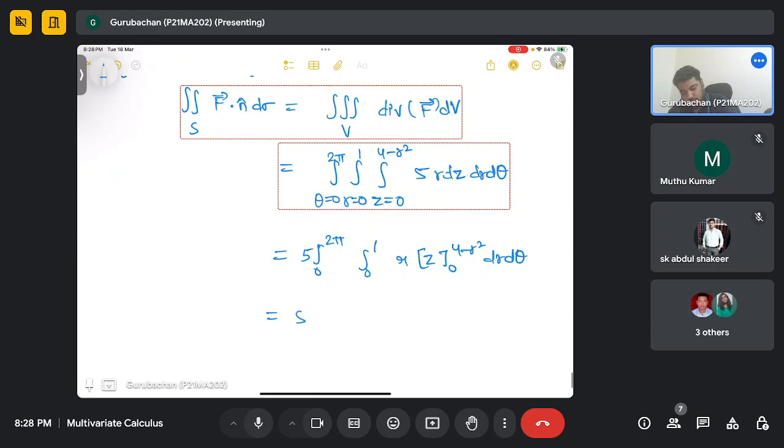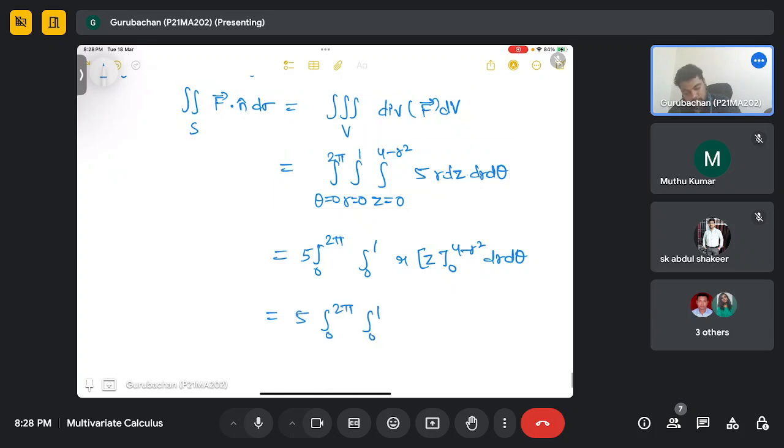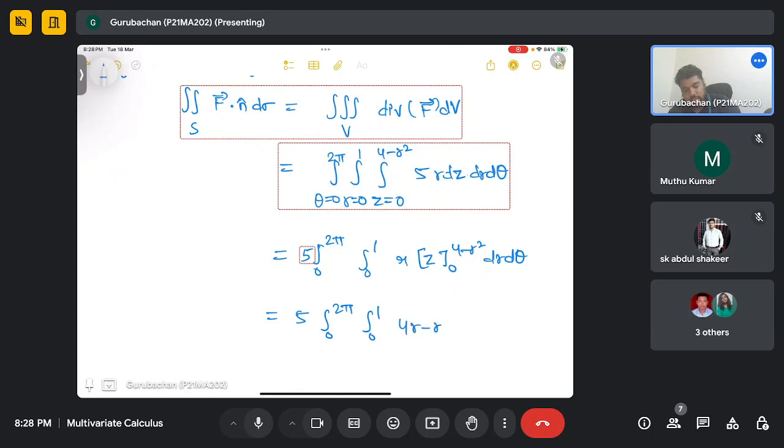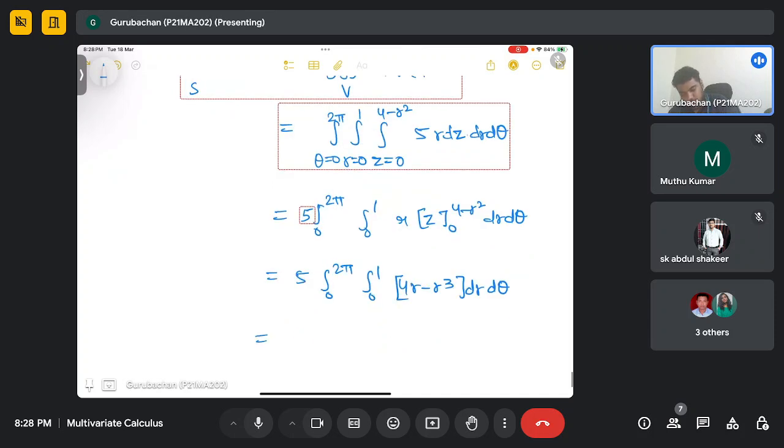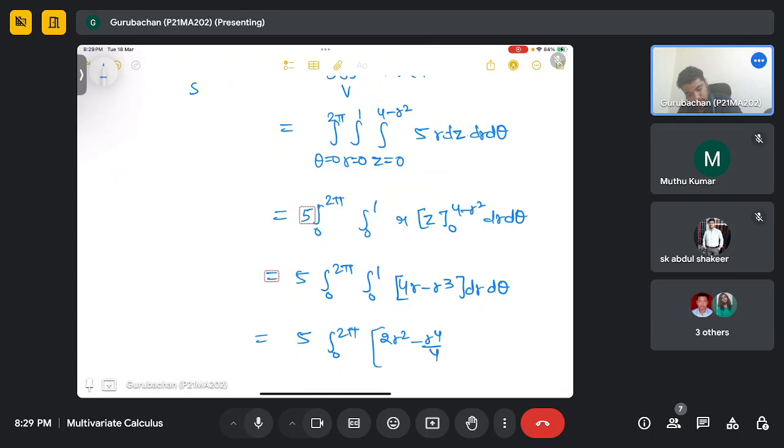So this will give you 5, integral 0 to 2 pi, 0 to 1, of 4r minus r cube, dr d theta. Calculating this, it will be 2r square minus r to the power 4 by 4, from 0 to 1, d theta.